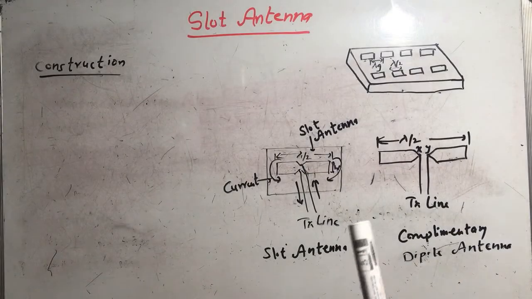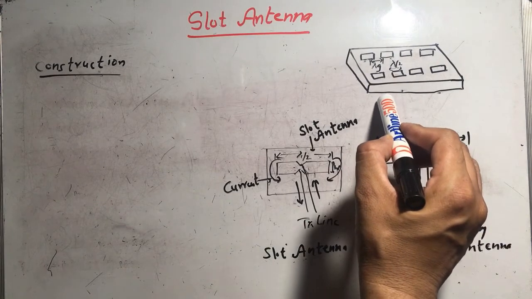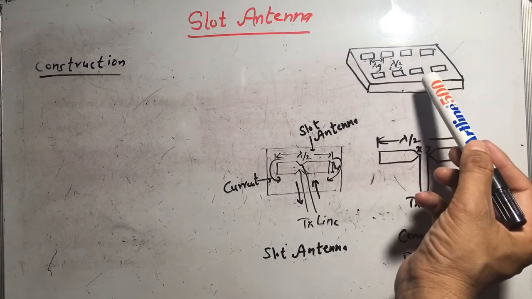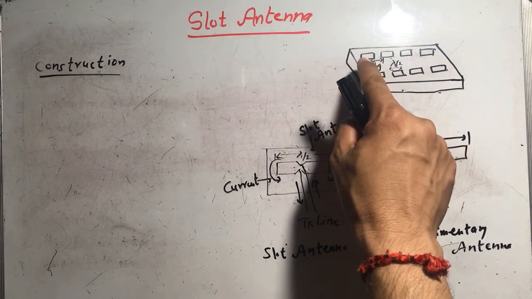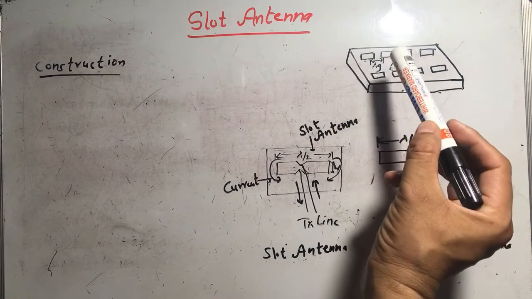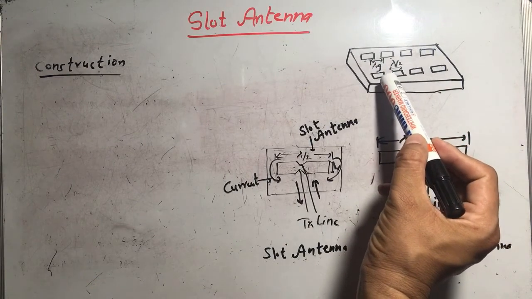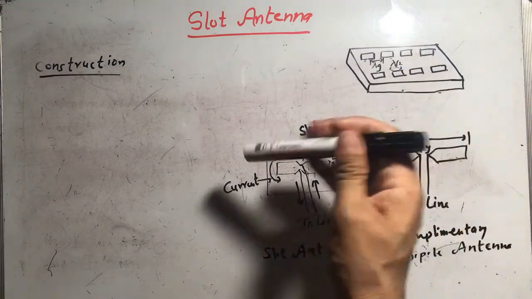Let us now understand its construction. As you can see in this diagram, it is formed by making an elongated slot cut of about lambda by 2 length and width very much less than lambda by 2 in a metallic conducting sheet.